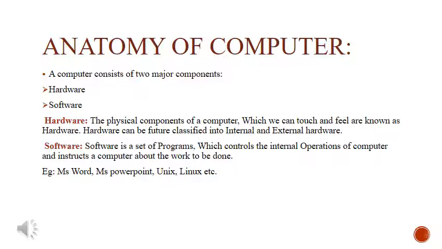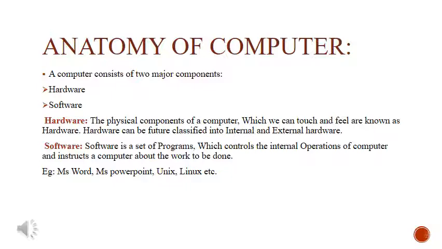A computer consists of two types of components, hardware and software. What is hardware? The physical components of a computer which we can touch and feel are known as hardware. Further, it can be categorized as internal and external hardware.